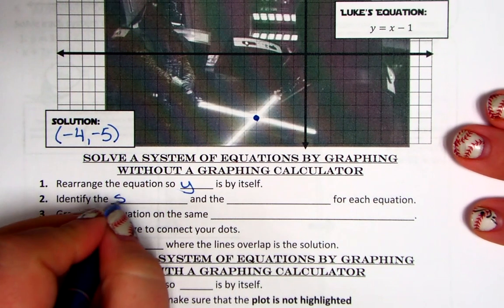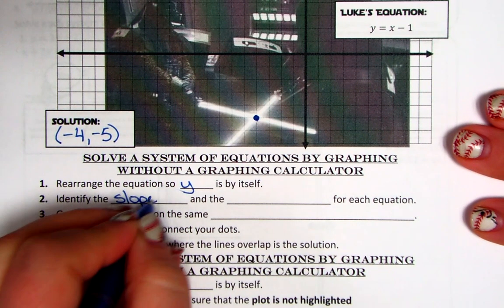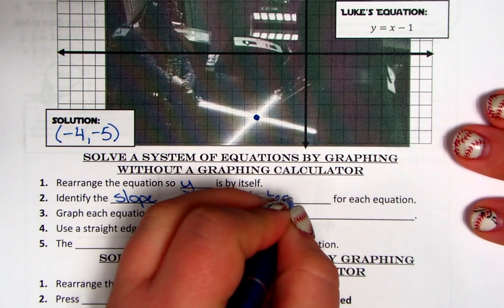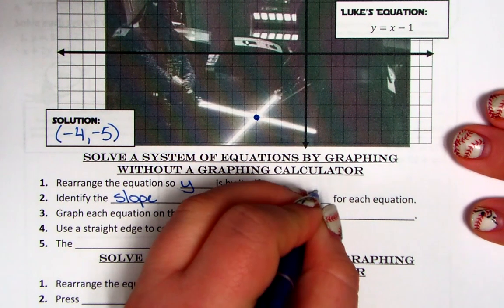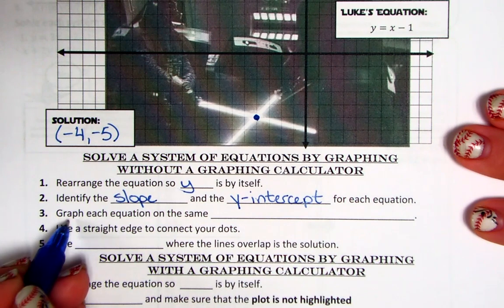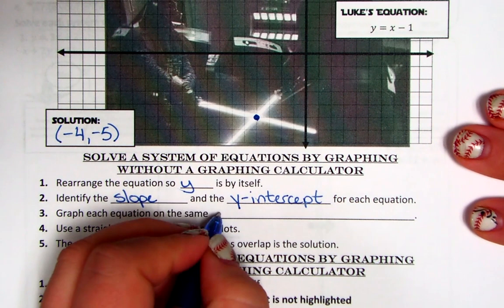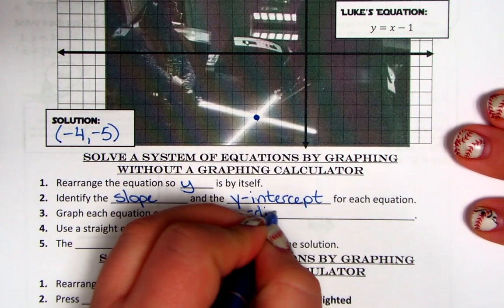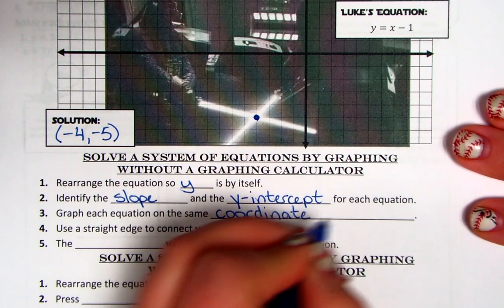Then you're going to identify your slope and your y-intercept. Then you will graph each of those equations on the same coordinate plane, just like we saw with the picture of Luke Skywalker and Darth Vader.